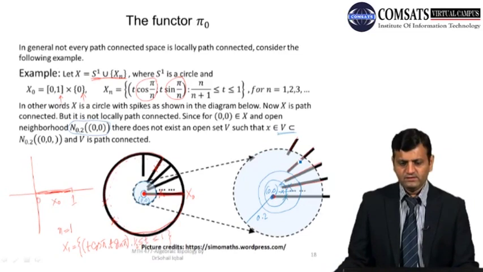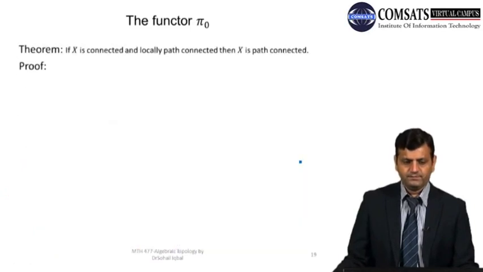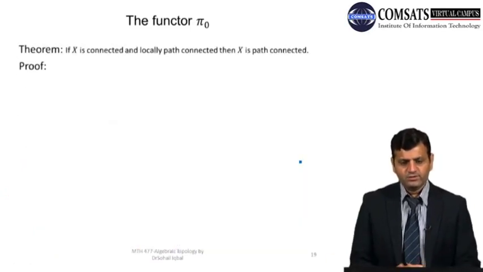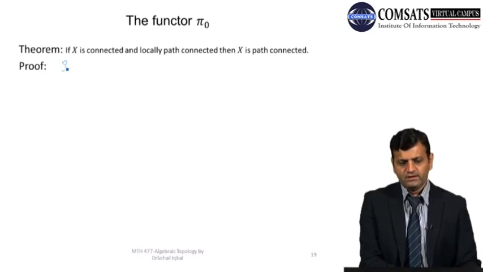So we can say that in general a path connected space may not be locally path connected. Now, if X is connected and locally path connected, then X is path connected. The proof is very simple, and I'm going to leave it as an exercise.